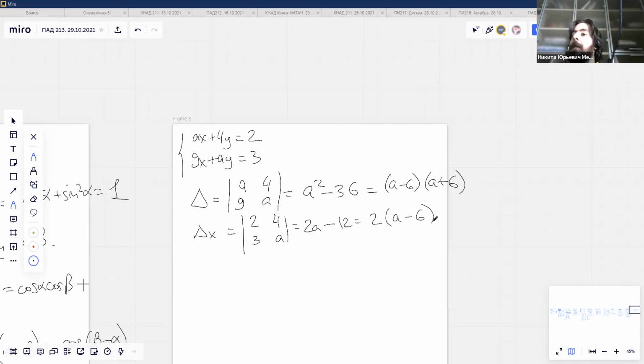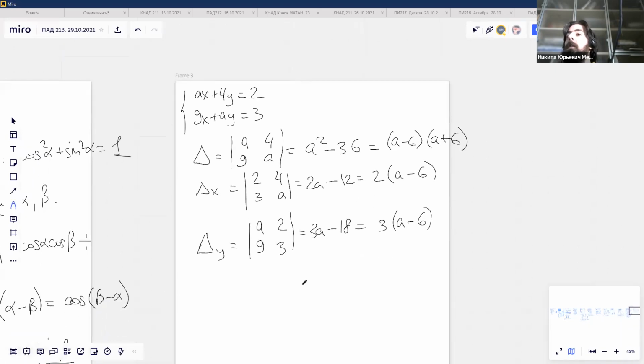Because this way I see when it equals 0 and when it doesn't equal 0. Likewise, delta y is 3a minus 18, that is 3 times a minus 6. Well, this is like an artificial example, so like numbers coincide, etc.